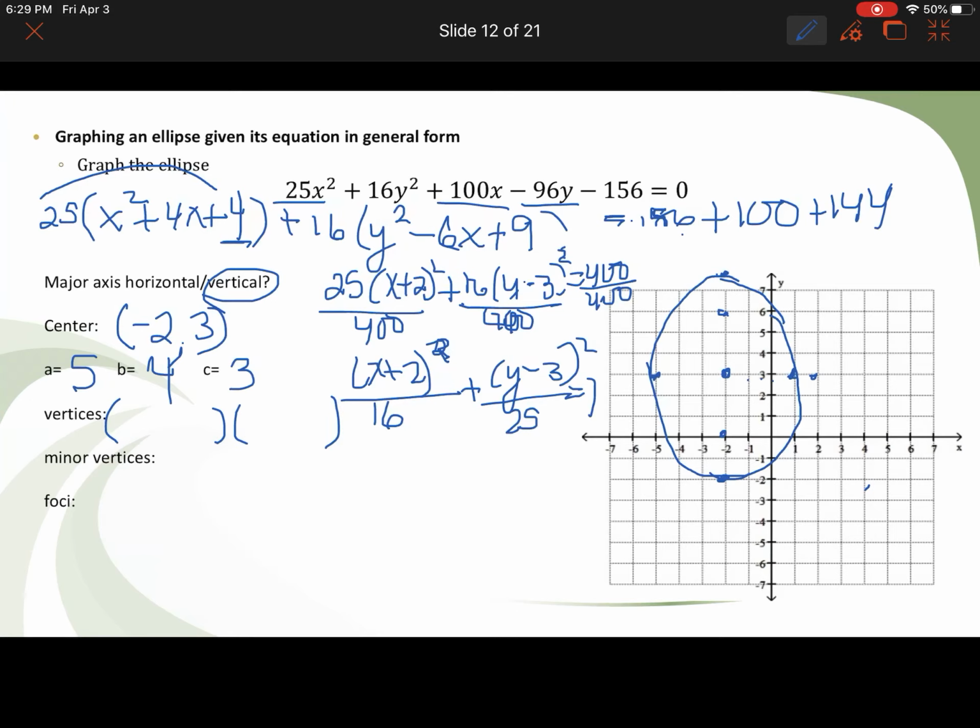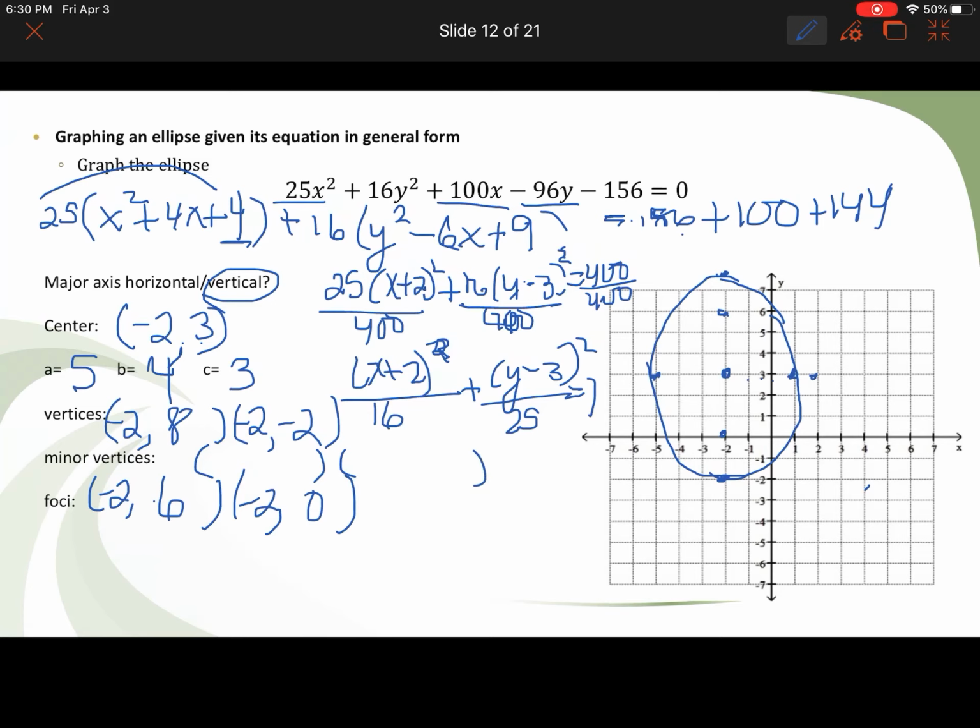So we know that since it's a vertical ellipse, all the x's are the same in the vertices and the foci. So now I take the y value, which is 3, I'm going to add 5 and subtract 5. And for the foci, I'm going to take the 3 and I'm going to add 3 and subtract 3.